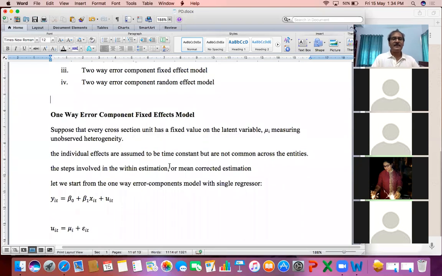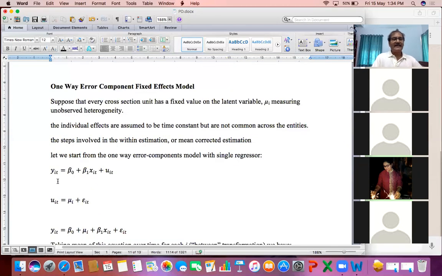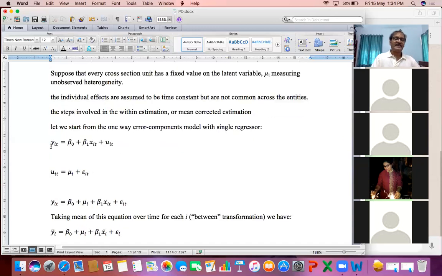Okay, so let us start with our simple linear regression model like this: Y_it is equal to beta naught plus beta 1 X_it plus u_it. Here y is a scalar, only one variable. X is also a scalar, only one variable. Suppose y denotes wage rate, x denotes level of education, and the other parts affecting level of wage are incorporated within u.